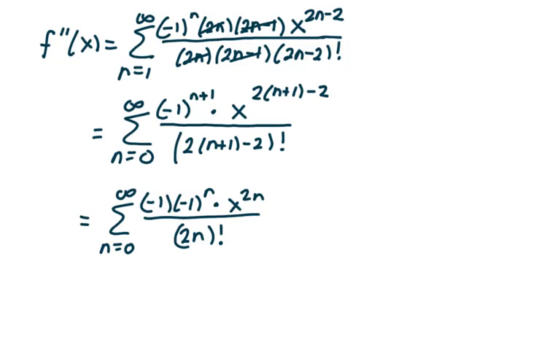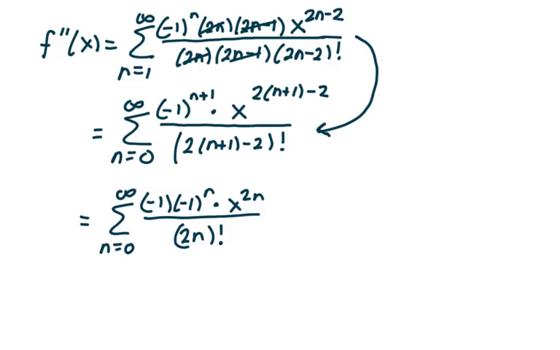And if you notice, to go from the first line to the second line, what I'm doing is I want the lower limit to start at 0. But if I want the lower limit to start at 0, I need to replace the n with n plus 1.